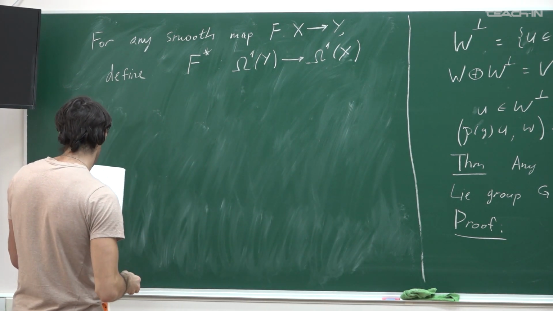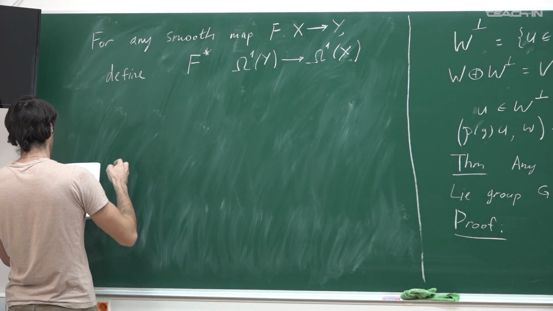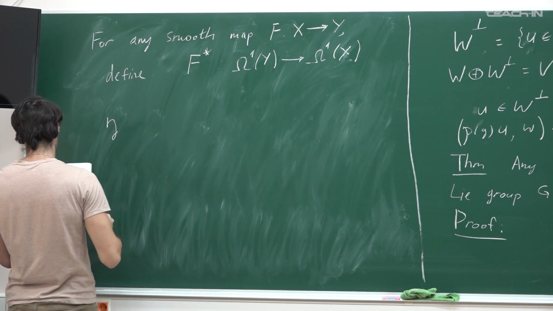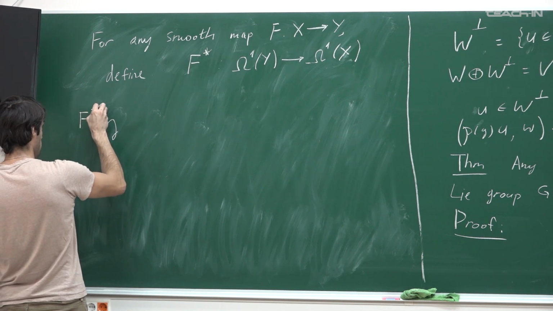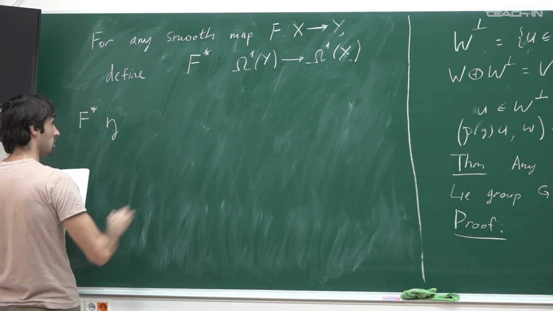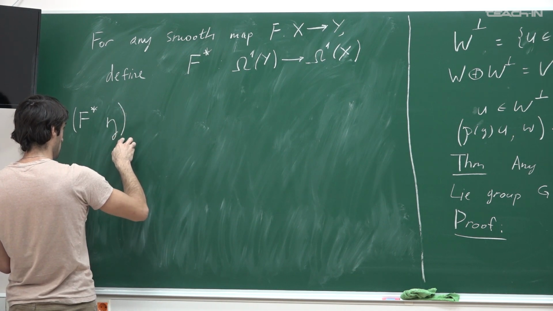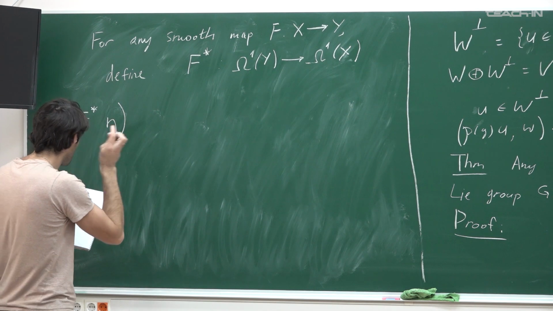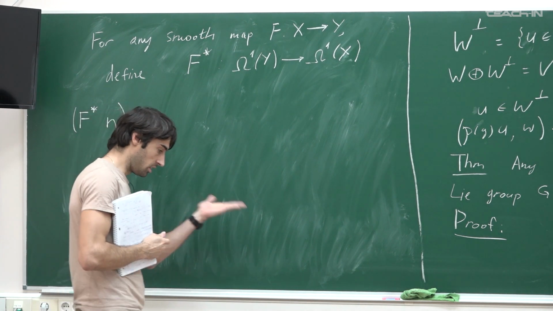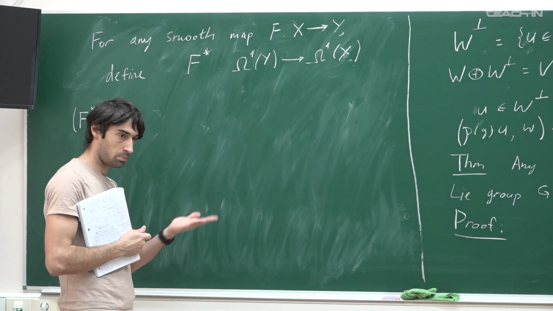How do we do this? We take a one-form eta on Y, and if we act by f star, I will get a one-form on X by the following rule. I need to choose a point. A one-form gives me a linear functional on the tangent space at each point.